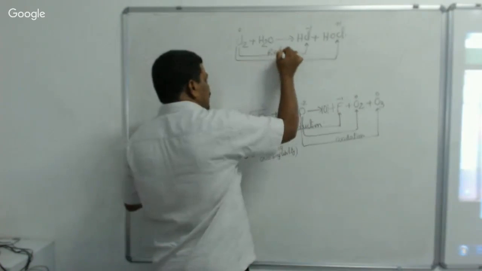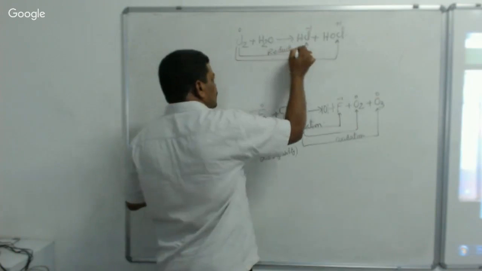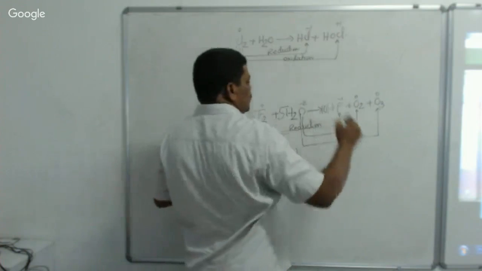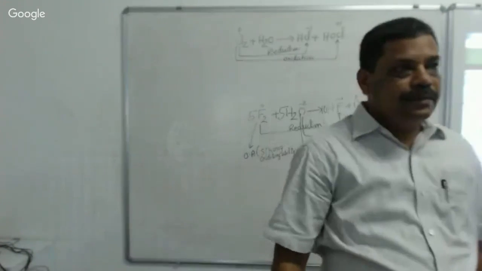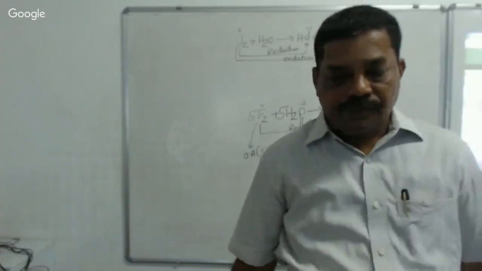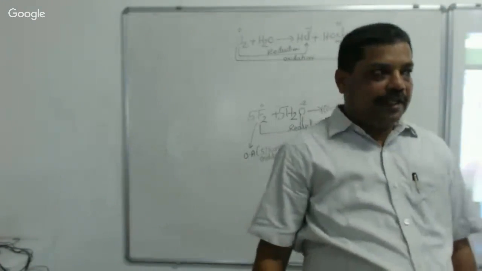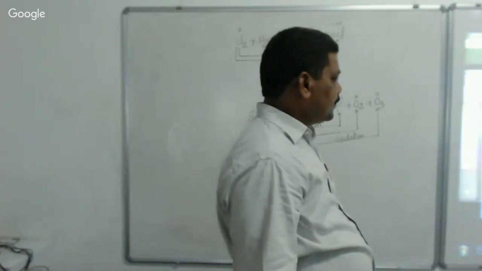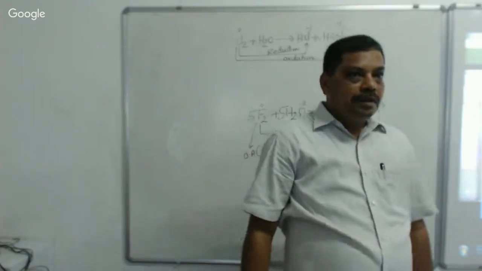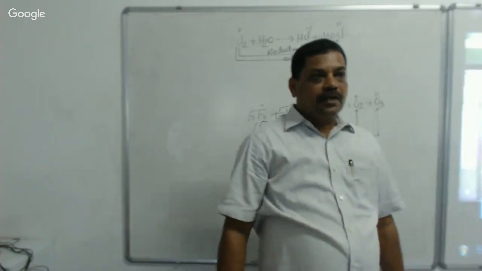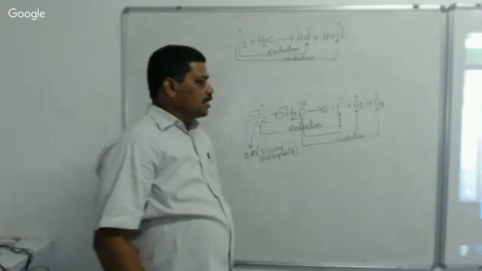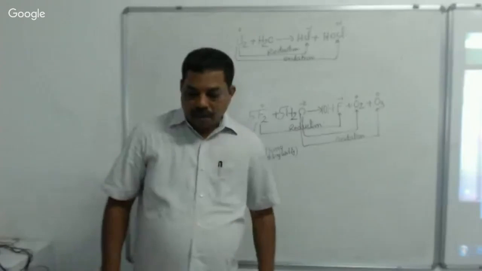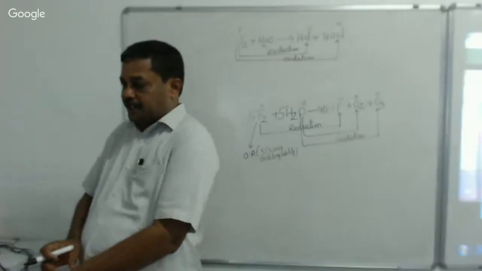That is the reduction part, and this is the oxidation part. So in this reaction, chlorine is disproportionated. The same element undergoes both oxidation and reduction, what we call disproportionation.